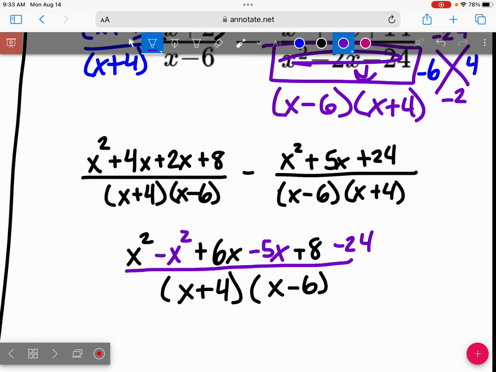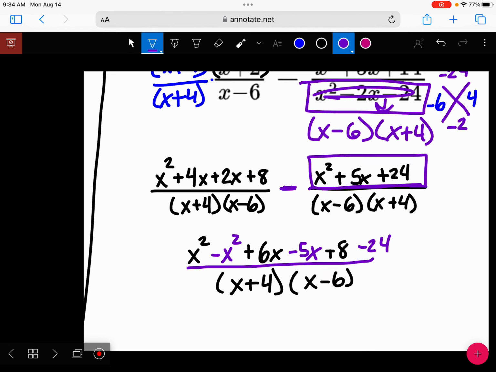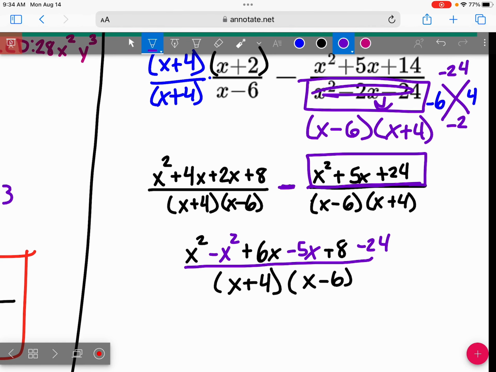Why is it minus 5x? Because we are subtracting this whole piece. Okay, so that's why I put those ones in purple. The purple come from here. We are subtracting all of these pieces. Yes. The 24, 14, sorry.